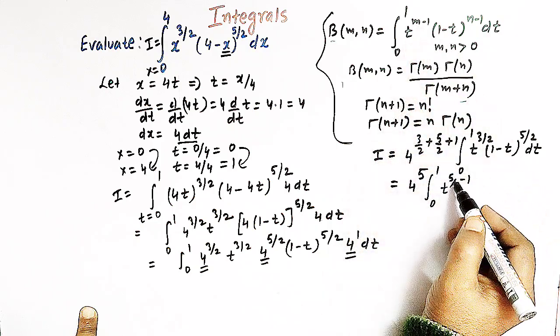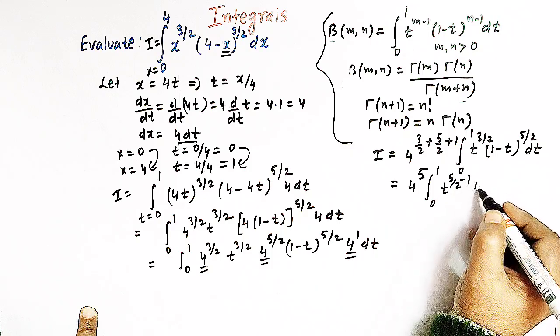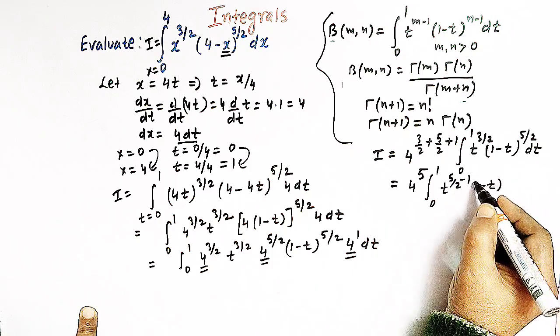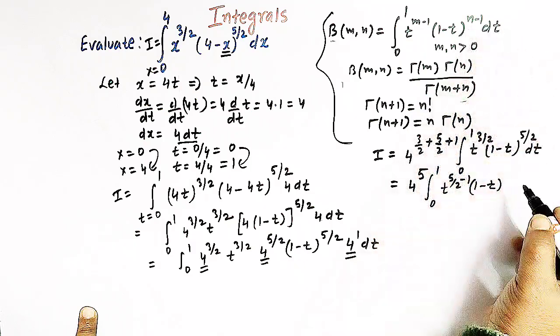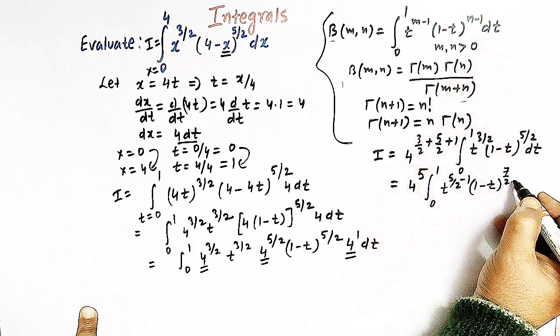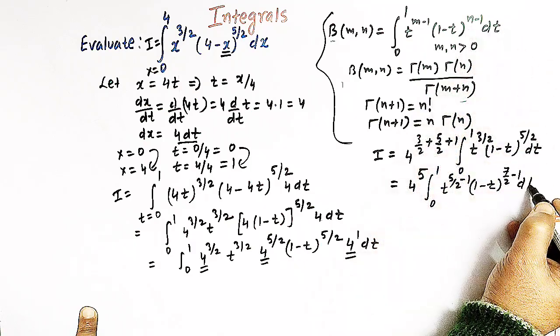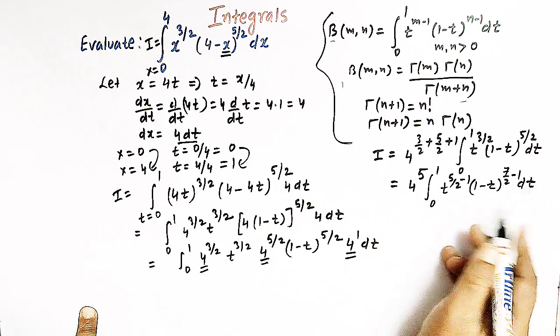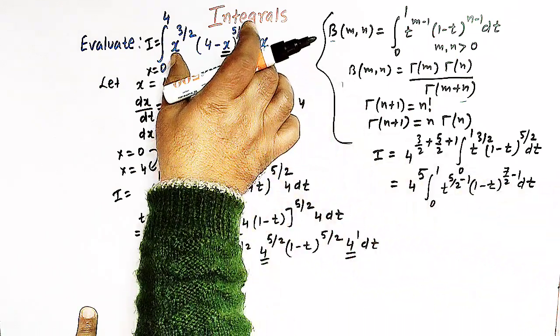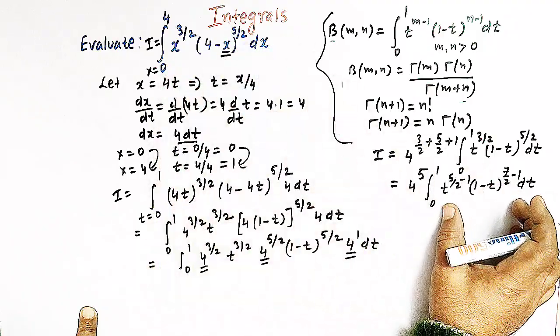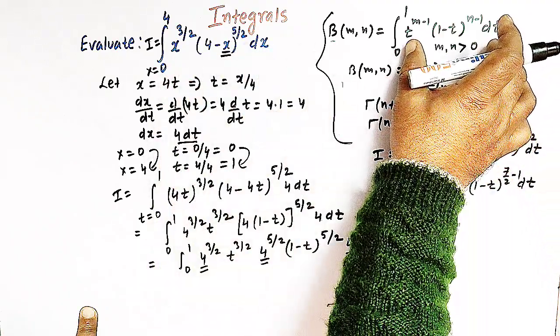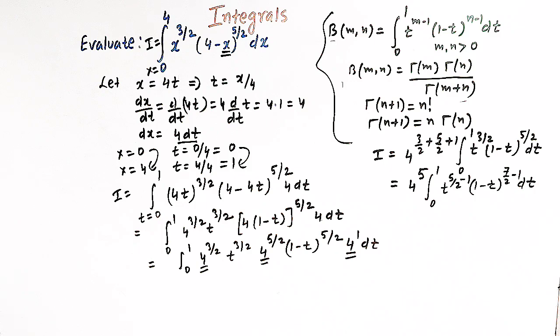So 3 by 2 is 5 by 2 minus 1. Similarly, here we have (1 minus t) raised to 5 by 2, and 5 by 2 can be written as 7 over 2 minus 1, and here we have dt. So now this integral is converted into this form, which is similar to the beta integral.